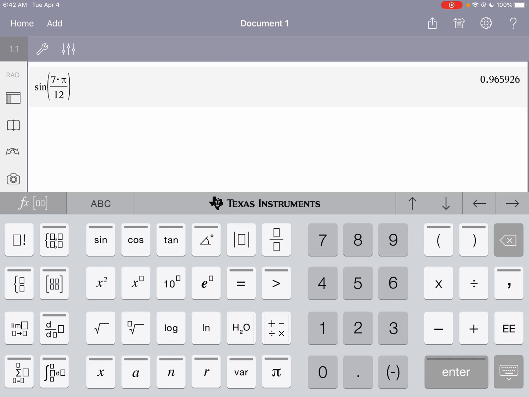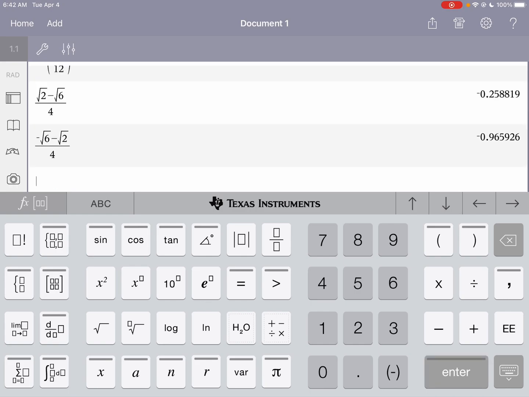So what we're going to do is type in our answer choices to see if we get the same decimal. For answer choice A, rad 2 minus rad 6 all over 4. We see that that is not the same decimal. Then I have a negative rad 6 minus a rad 2 all over 4.